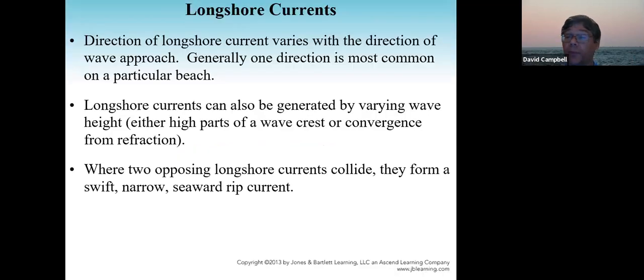Again, rip currents. If we've got two longshore currents that are running into each other, now, typically, waves are coming in from a standard direction. Yeah, weather changes. Sometimes you'll get waves from different places, but most commonly for any one beach, there's a standard direction. And so you've got a standard longshore current primarily going in one direction.